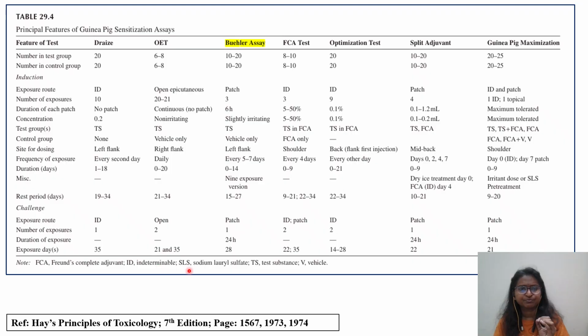These are the things we discussed about the Buehler assay. Also read about Draize's test, how the induction phase, rest period or challenge phase work, and how the guinea pig maximization assay works. It's a very good table, as all types of assays are in one concise table.